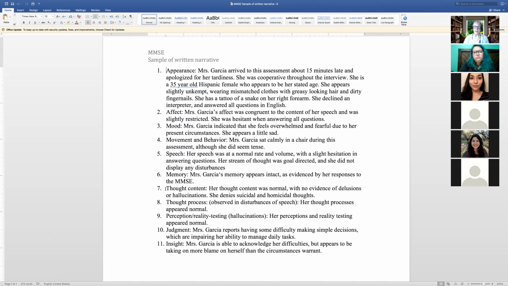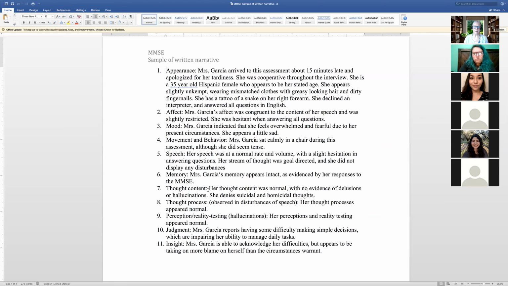So thought content, and memory, giving her answers to the MMSE, like the short-term memory, remembering the 3 words. That's how you're going to assess memory. Thought content, we're going to go into more detail in the second half of this course, but it's the person having a logical thought content. Do their sentences make sense together? Do they have delusions or hallucinations? Do they believe odd things about their environment?